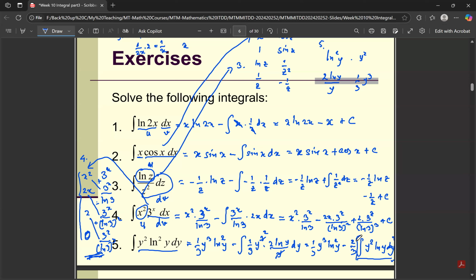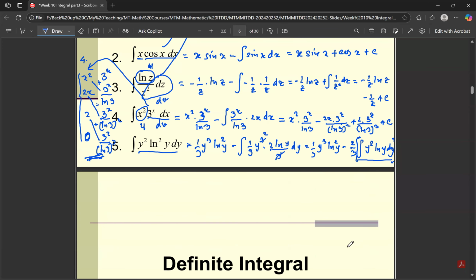We do the integral by parts again. So I write here for you: 1 over 3 y cubed ln y squared minus 2 over 3.